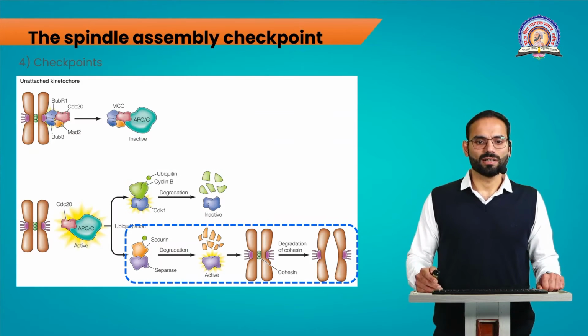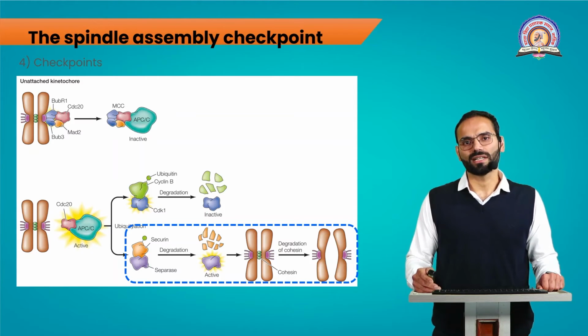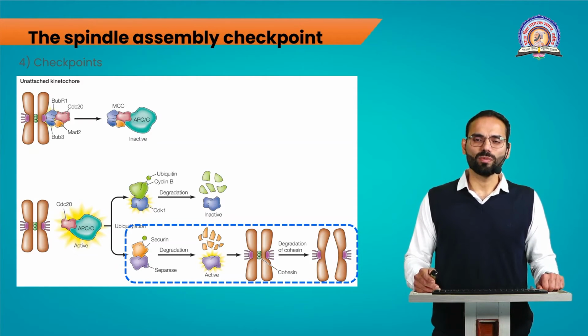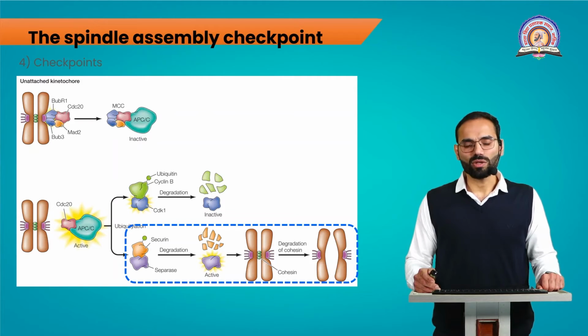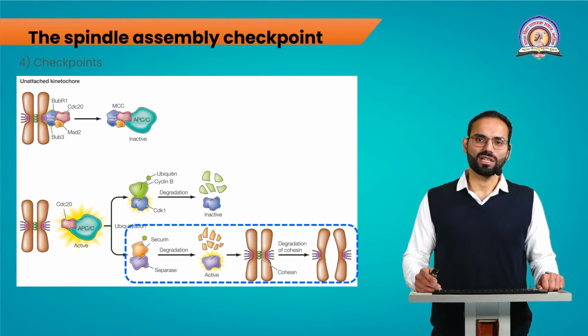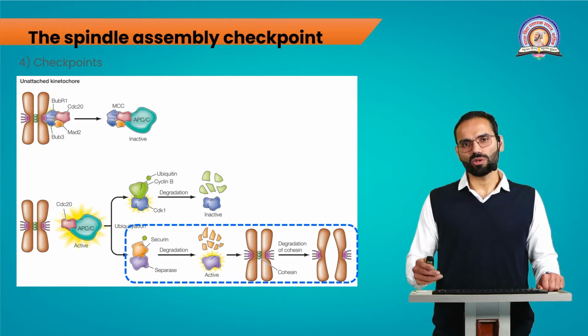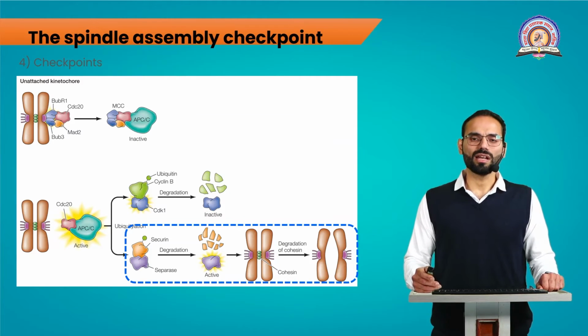On the second side, once the anaphase promoting complex gets activated, it results in the ubiquitination of the securin protein. As we have seen in the previous slide, securin is involved in sequestration of the separase protease. So once the degradation of securin is initiated, there is a release of the separase protease.